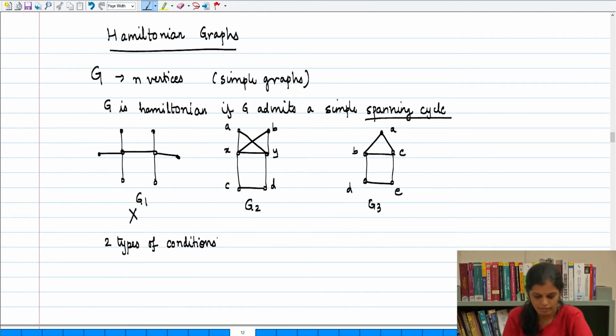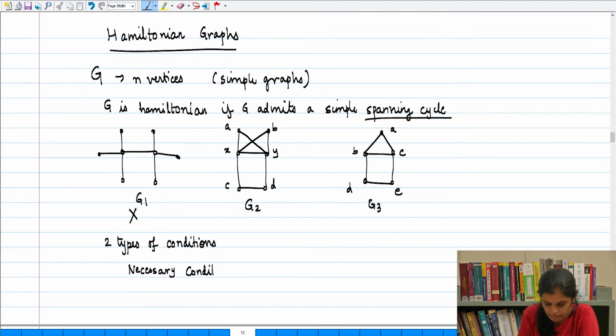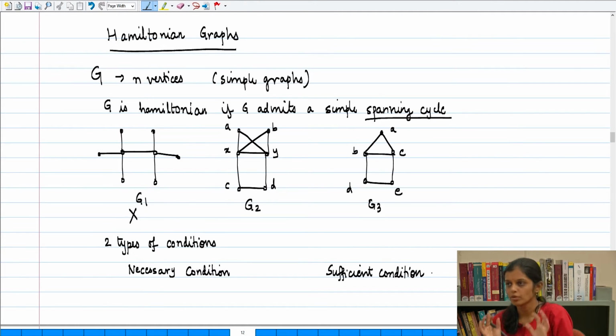The first condition is going to be a necessary condition, and the second condition is going to be a sufficient condition. So before we look at the actual conditions, let us see what we understand by a condition being necessary. What do you think is a possible necessary condition for a graph to be Hamiltonian?